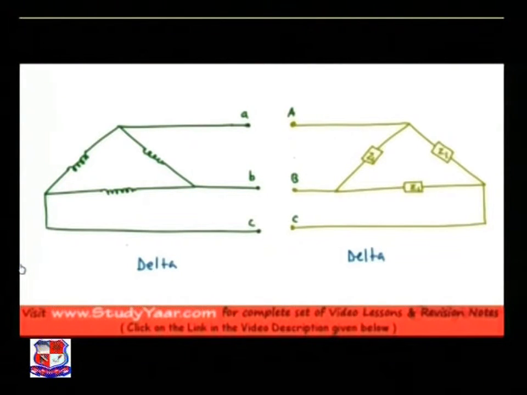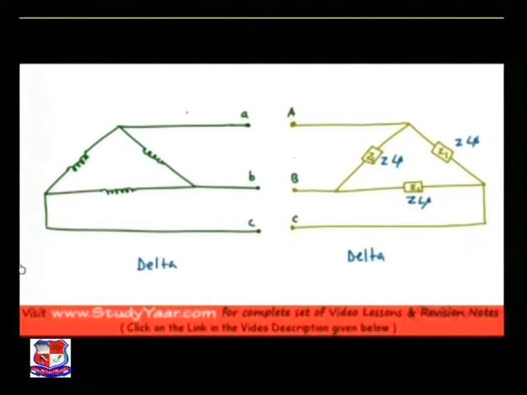I have a delta source over here. These are my coils which are generating EMF, and this is my load which is connected in a delta network. I am assuming that I have balanced loads, so this is Z angle phi, this is Z angle phi, this is Z angle phi.